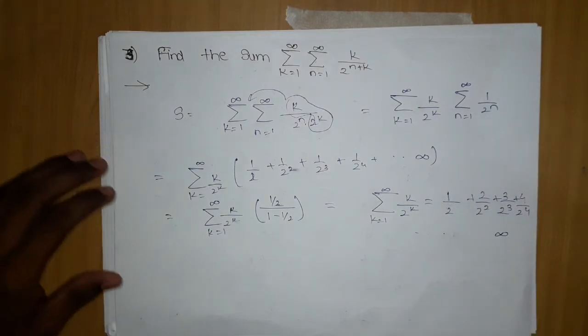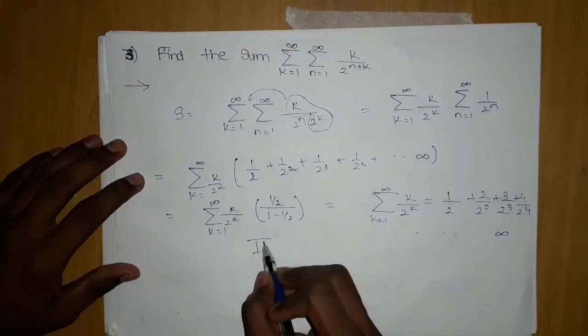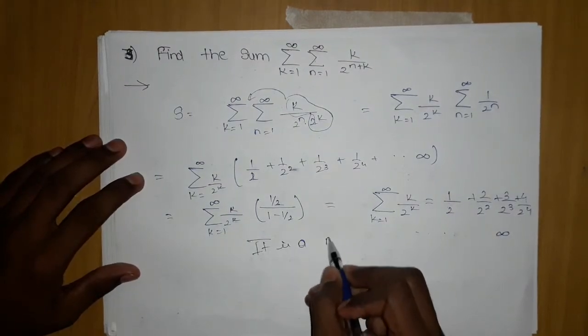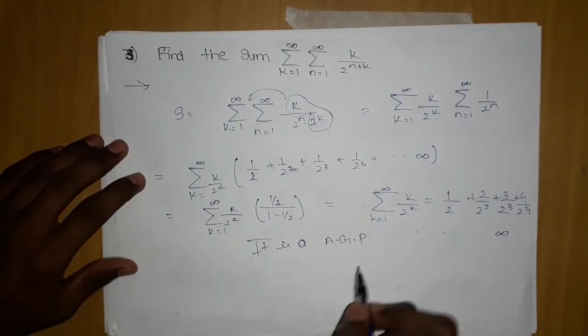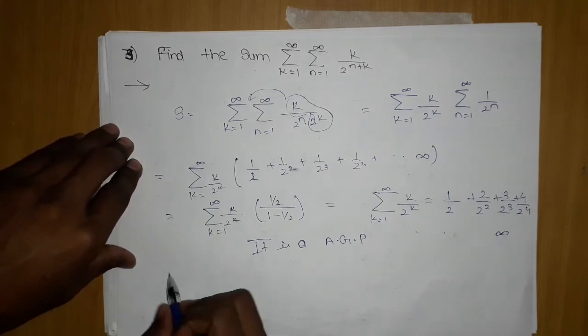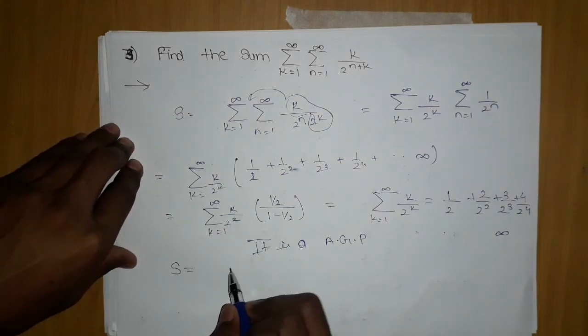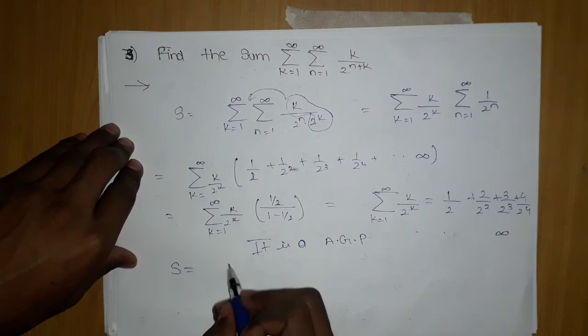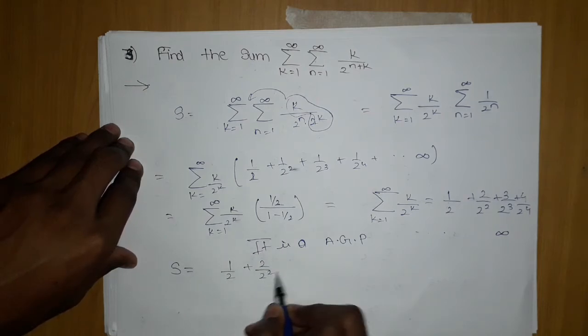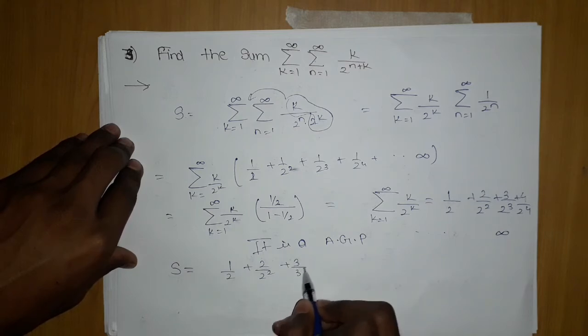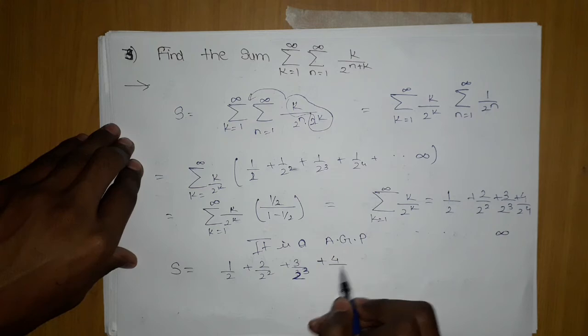Now you can clearly identify that it is an AGP. And what is the process to solve an AGP? Very simple. Write it as S: 1 by 2, 2 upon 2 square, 3 upon 2 cube, and so on. Since it is an infinite AGP, it is easier to solve.